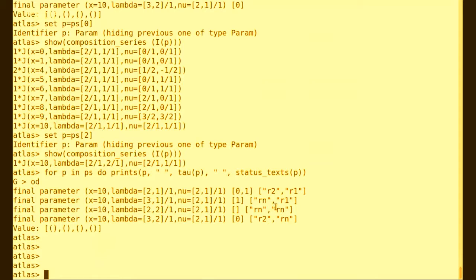And to be in the tau invariant is to say that this root is of type R2 or R1. That's indicated here. And these roots labeled Rn are not in the tau invariant. And notice that there's a difference between R1 and R2 having to do with the long and the short root.